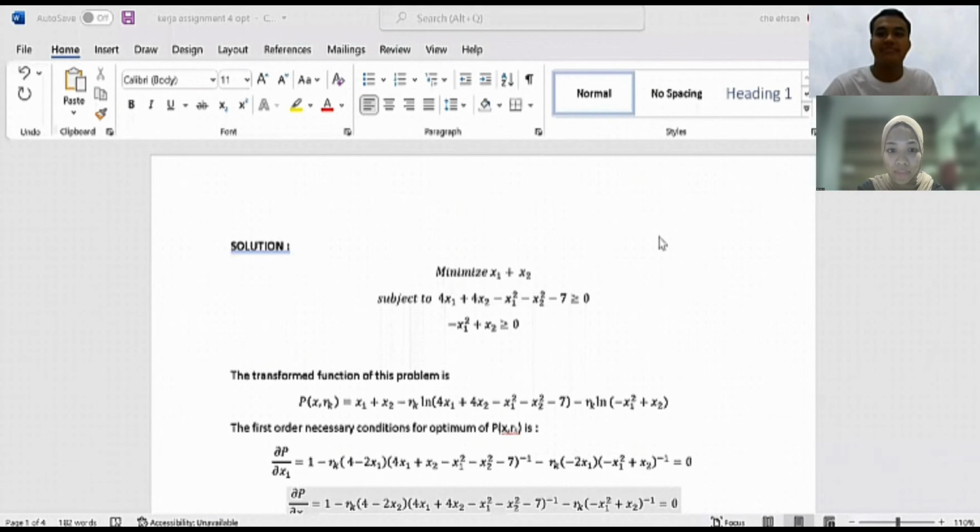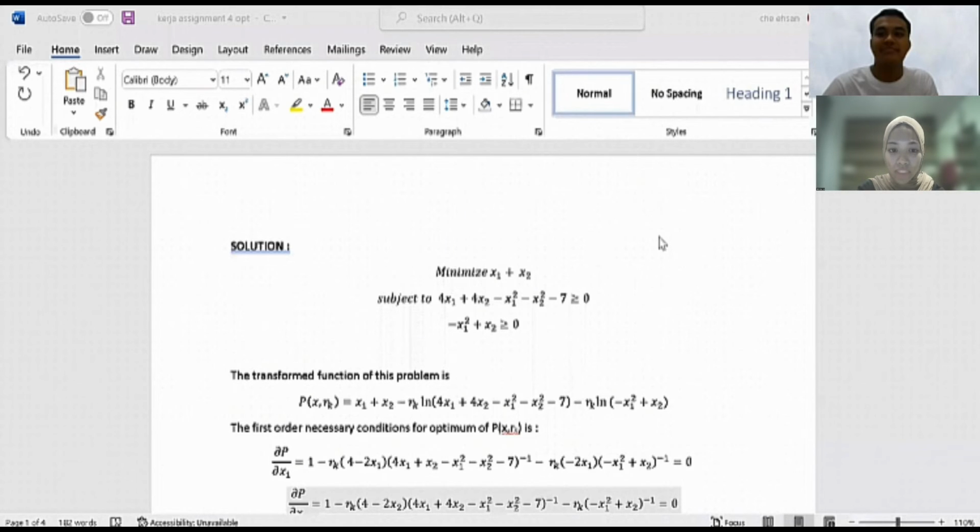So the first order necessary conditions for optimum of P(x, rk) is delta P over delta x1 equals 1 minus rk times (4 minus 2x1) times (4x1 plus 4x2 minus x1 squared minus x2 squared minus 7) to the power of negative 1 minus rk times negative 2x1 times (negative x1 squared plus x2) to the power of negative 1, and it equals 0.